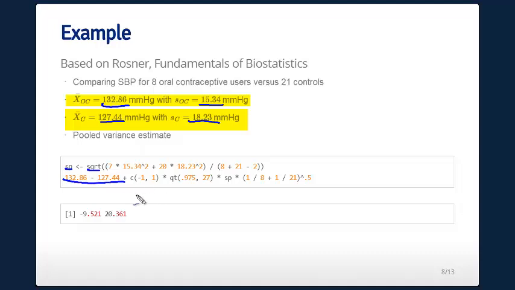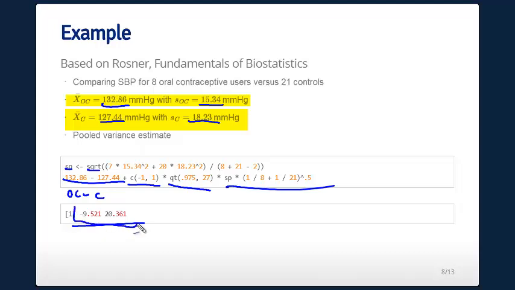And then we can create the confidence interval by subtracting the two means, adding and subtracting the relevant t quantile times the standard error. We get our confidence interval for the difference in means between contraceptive users, where we subtracted oral contraceptive users minus controls, and we can see the 95% confidence interval for the difference in the population means between those two.